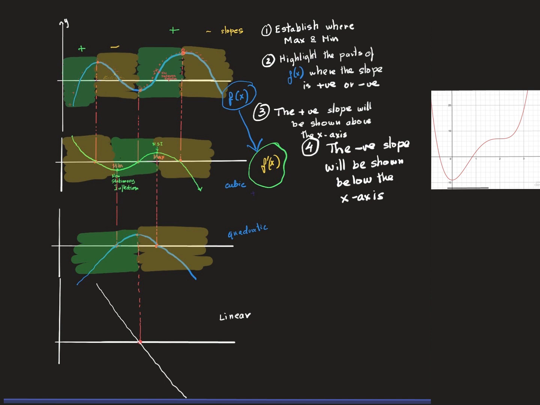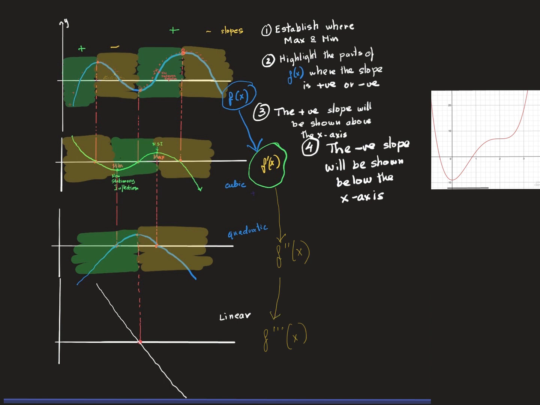So we started with a quartic, and then we did the derivative of the quartic, which became a cubic, and then we did the derivative of the cubic, which would have been f double dash, which became a quadratic, and finally we could go all the way up to what we would call f triple dash, if you like, and that became linear.